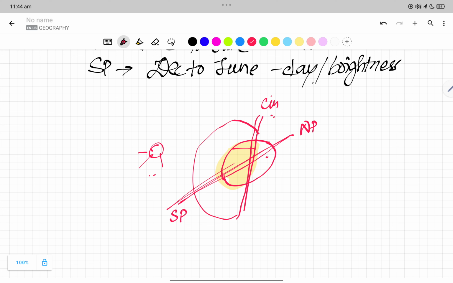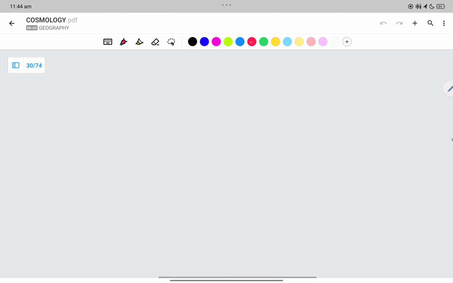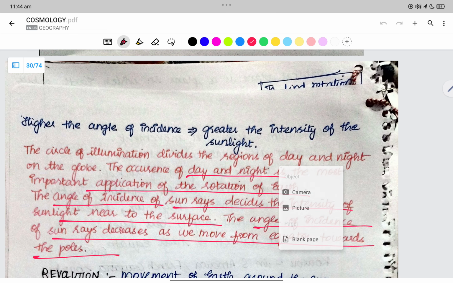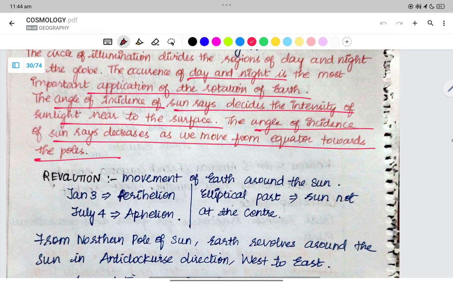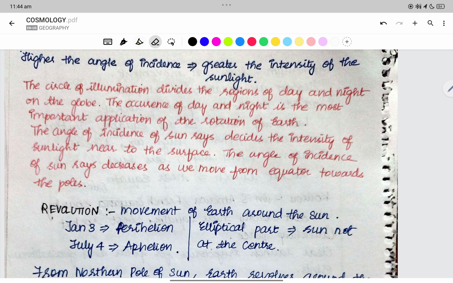This is what we call a circle of illumination. It divides the region of the day and night. The circle of illumination is for dividing the regions of day and night on the globe.